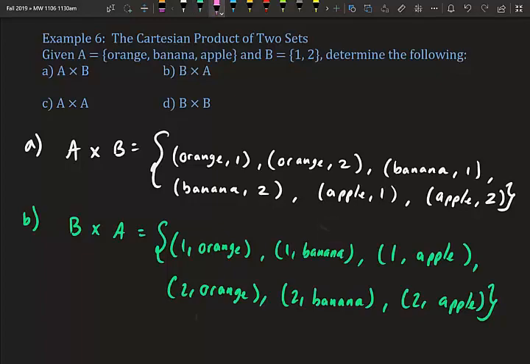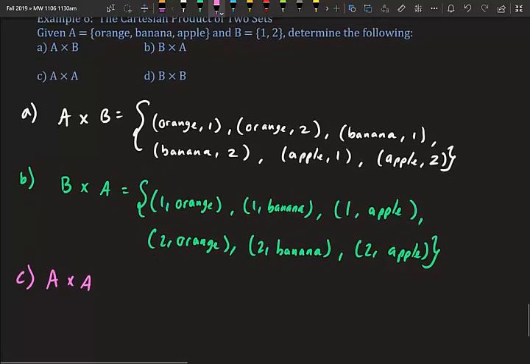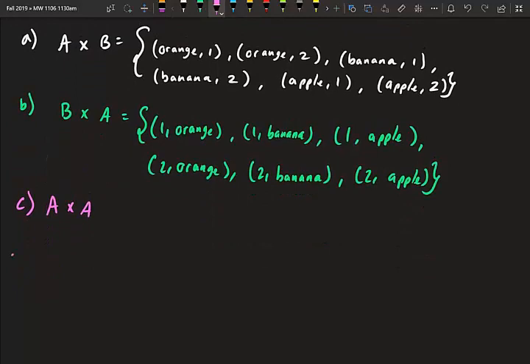Alrighty, part C. Part C is a little long. Alright, so A cross A. That means we're putting A together with itself. So we have to do orange orange, orange banana, orange apple, and let me rewrite A twice.